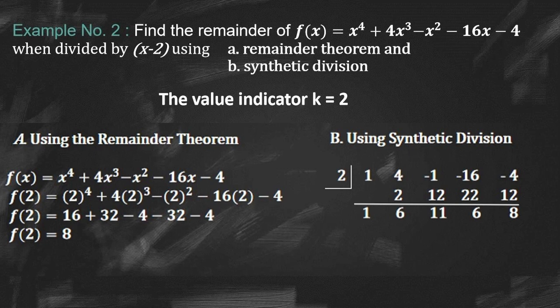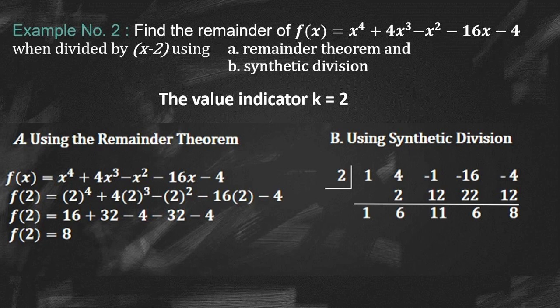Same process: we copy the number 1, multiply by 2, and add to the next coefficient, which is 4. So 4 plus 2 is 6. And 6 times the divisor 2 is 12. Write the 12 under the next coefficient, which is negative 1. Negative 1 plus positive 12 equals 11.